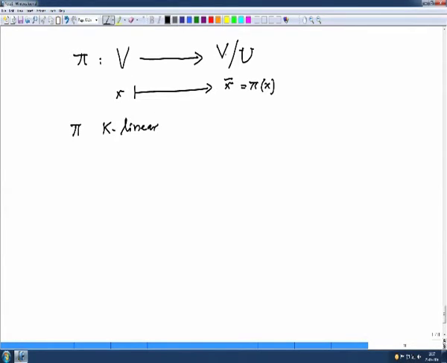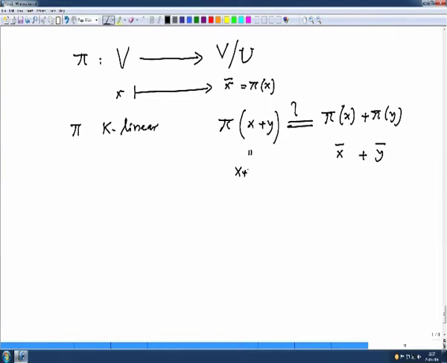Now I have two vector spaces, this and this, and I want to check that it is k linear. That means I have to check pi of x plus y equals pi x plus pi y, or in this notation, this is x bar plus y bar and this is x plus y bar, and I want to check this equality. But well, that is how we have defined it.